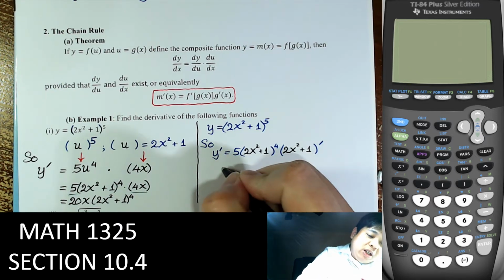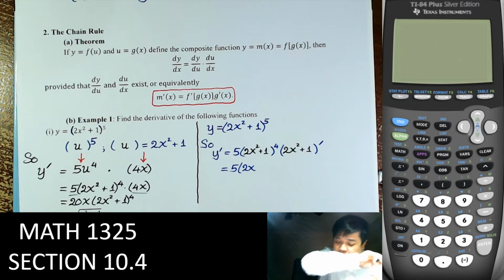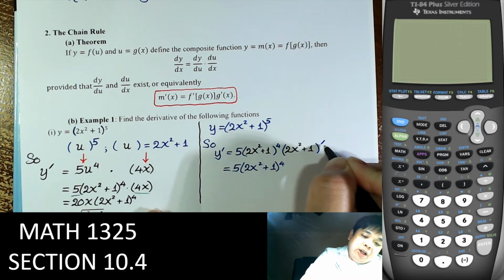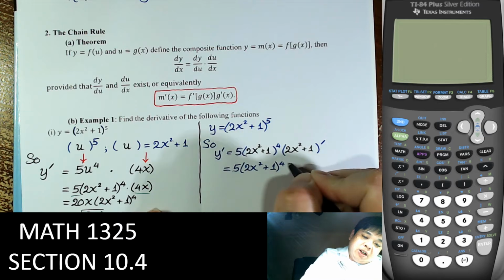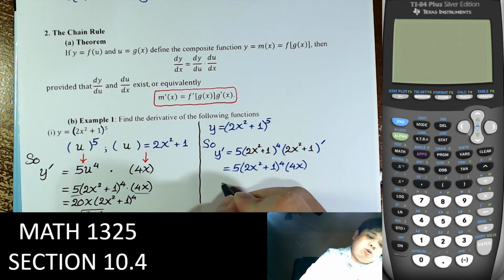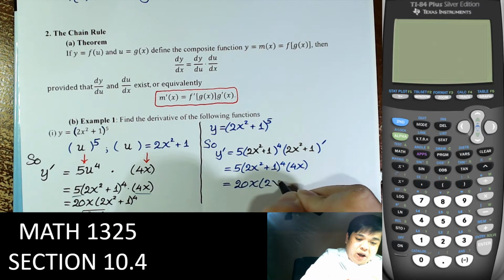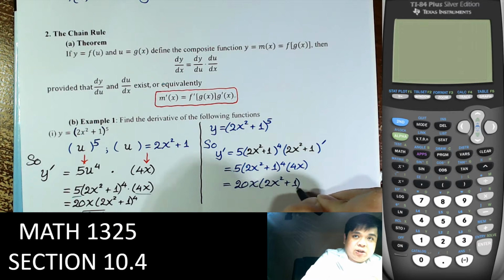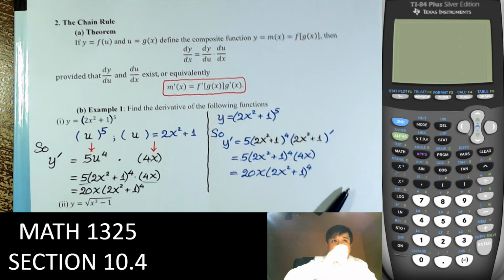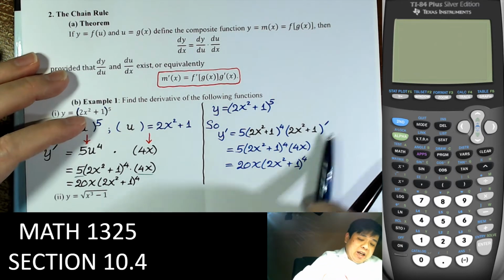So we rewrite 5 times 2x squared plus 1 to the fourth. Now we do this derivative, which gives us 4x. And then 5 times 4x, that's 20x, times 2x squared plus 1 to the fourth power. You see, it's more direct, and we don't have to rely on the middle variable, the intermediate variable.